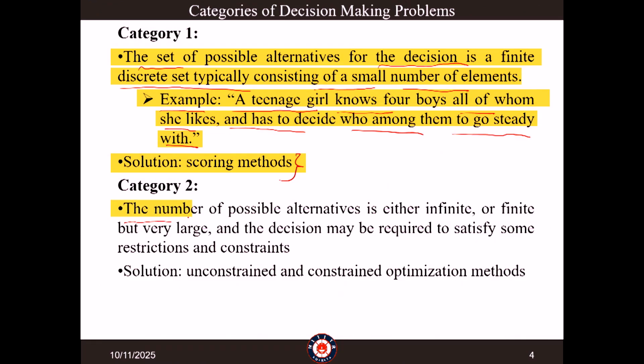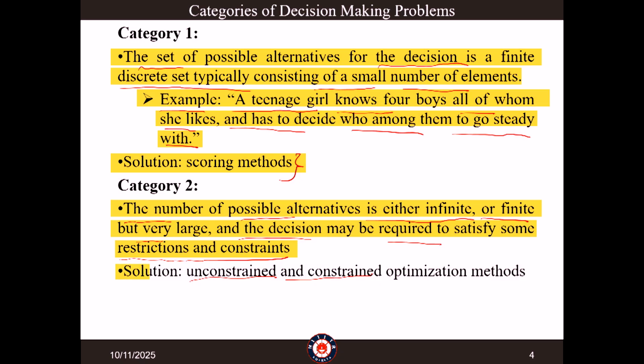Category 2: the number of possible alternatives is either infinite or finite but very large, and the decision may be required to satisfy some restrictions and constraints. That means there are various types of optimization techniques. One classification is unconstrained optimization and constrained optimization methods.